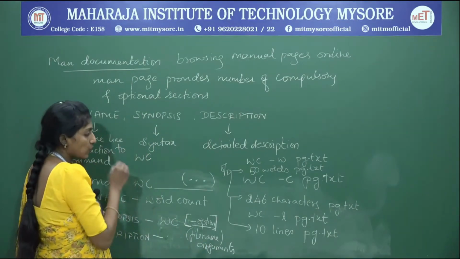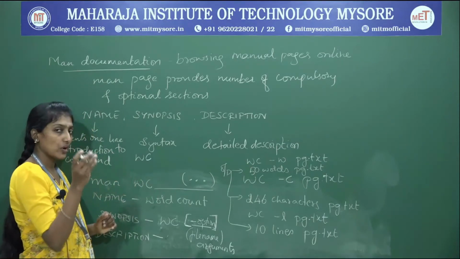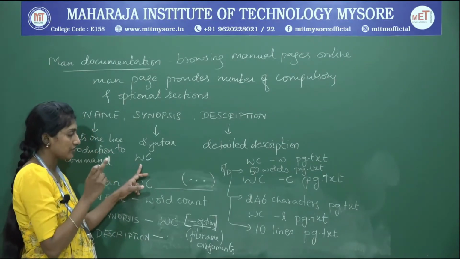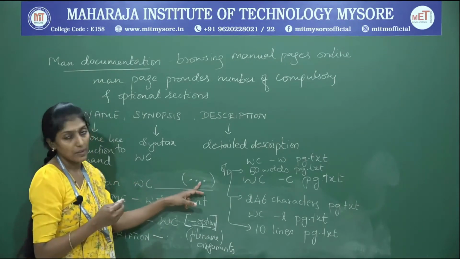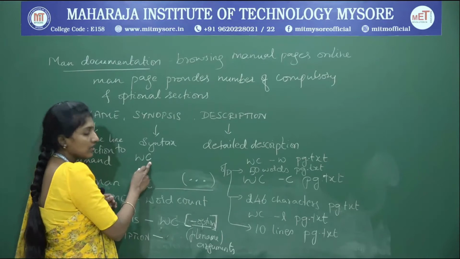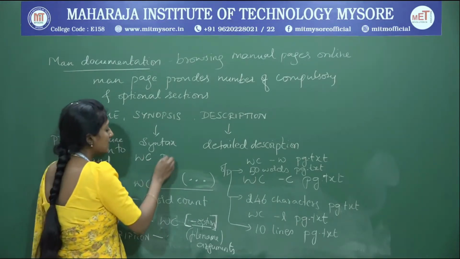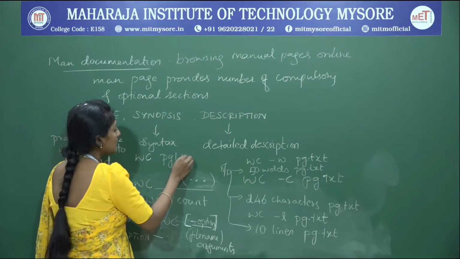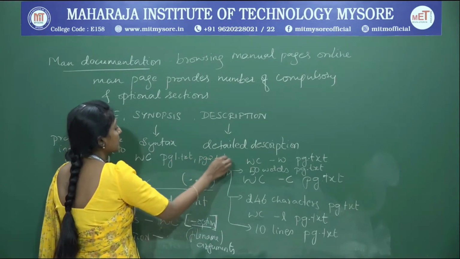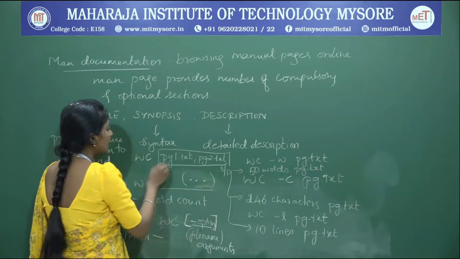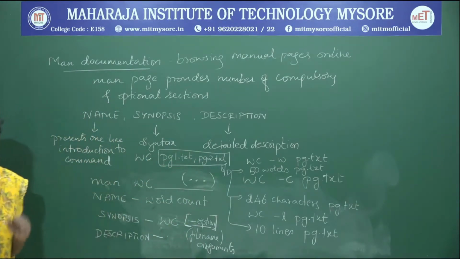So what does this ellipsis represent? If I have the WC command with two files, pg1.text, pg2.text, you can have this file expression with more than one also.